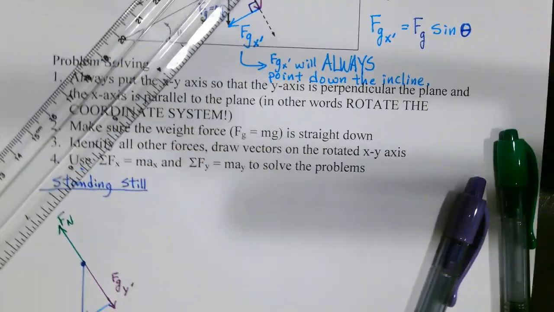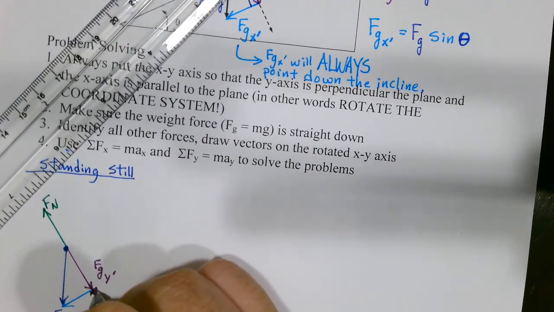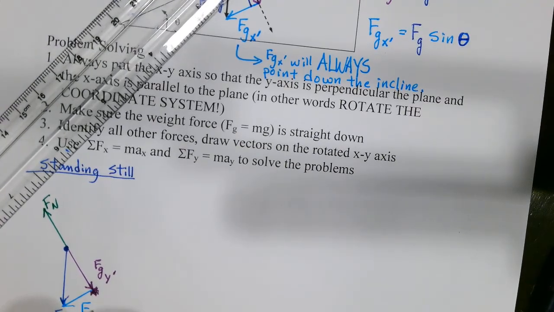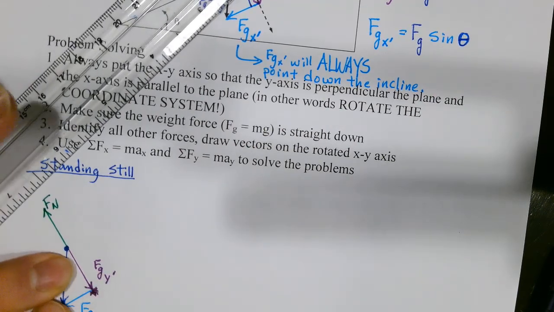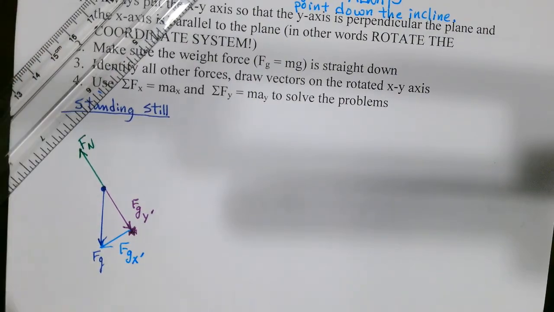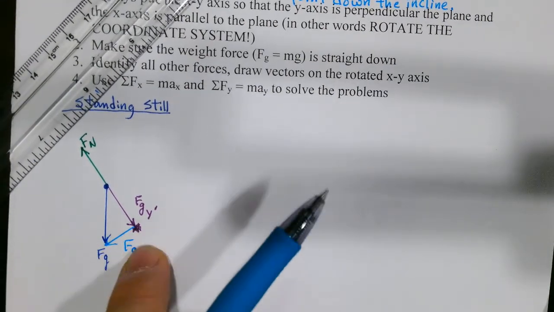This should be here, but it's too long. Okay. This is your FGX prime. Once you draw these two, you don't need your FG anymore because you split this up into its two components. So don't put this in some equation unless you're going to be finding these two.